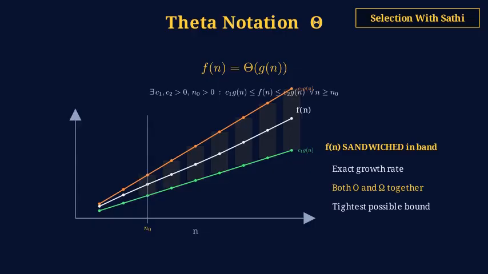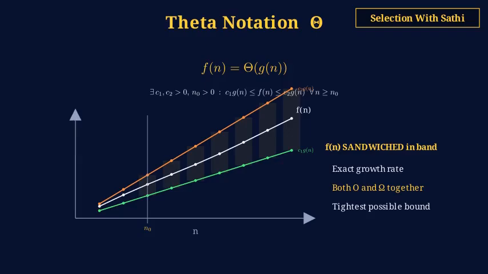Notice what this means. f(n) is both O(g(n)) and Ω(g(n)) at the same time. That's a sandwich. f is squeezed between two multiples of g.